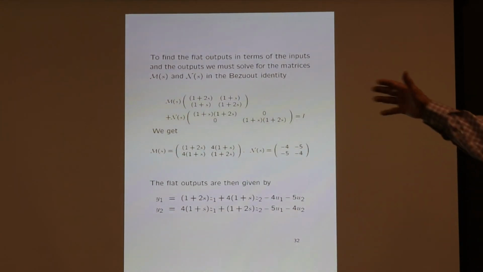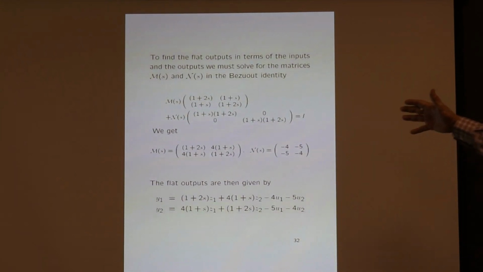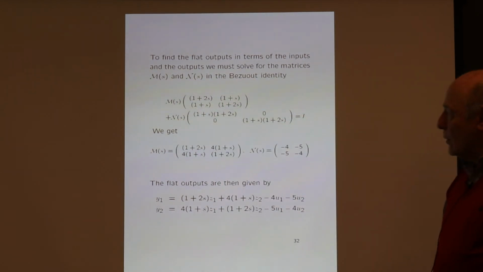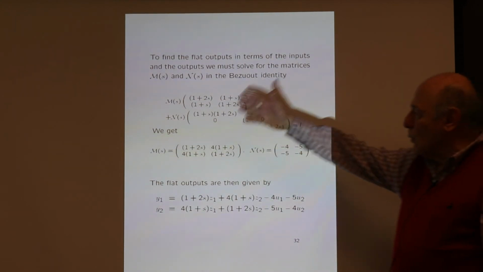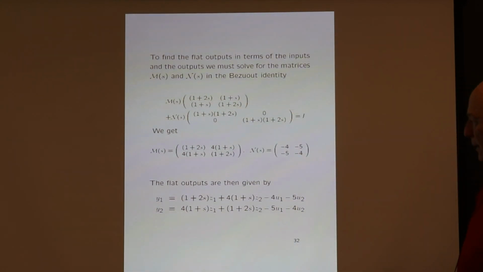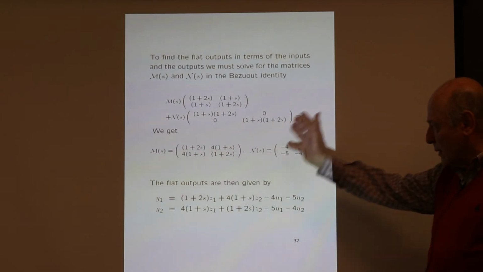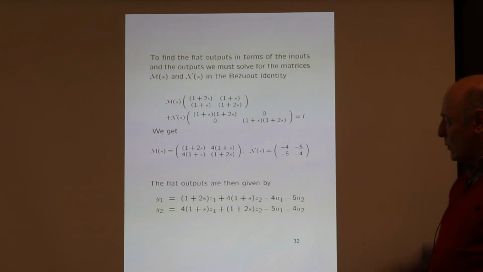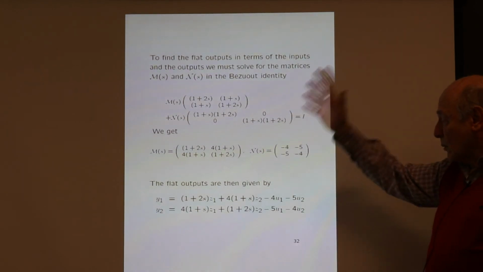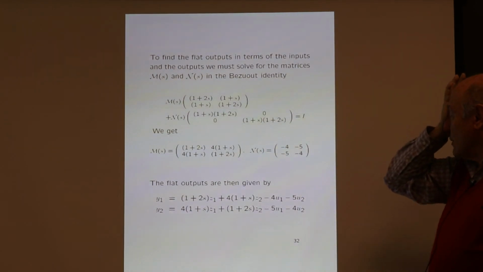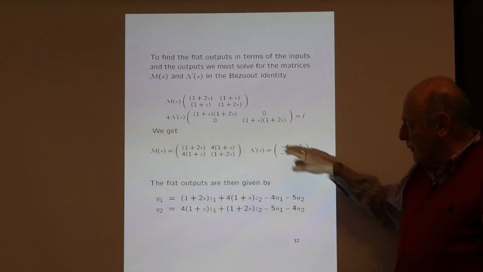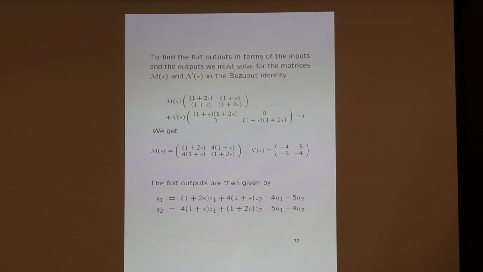And of course, you can verify the satisfaction of the Bezout identity by means of two non-singular matrices M and N, and you can compute them, with some pain, because you have to solve a large number of equations with unknowns, 4 equations with 4 unknowns, or 8 equations with 8 unknowns, and you can find the factorization.